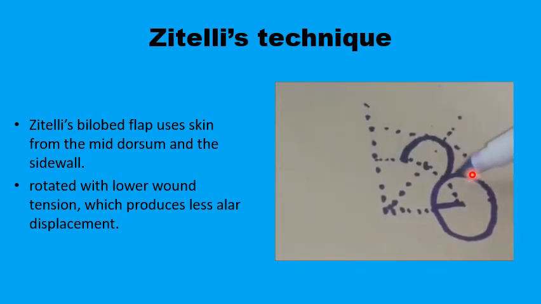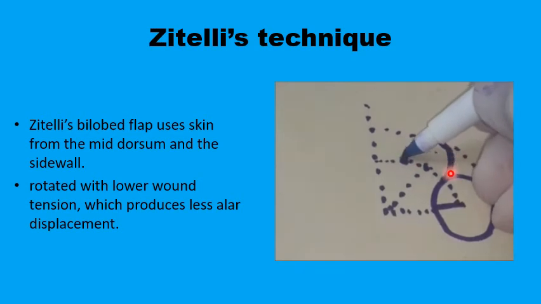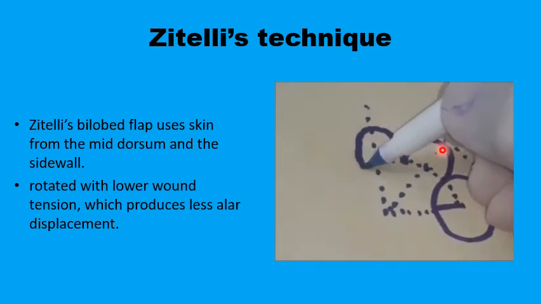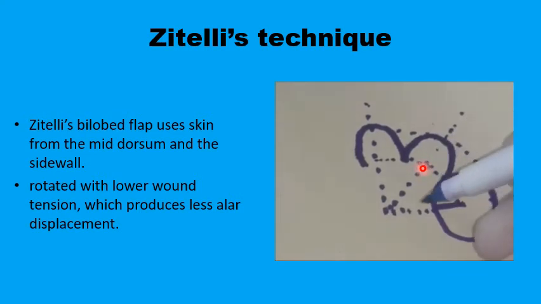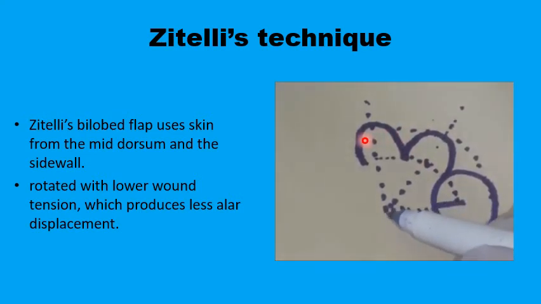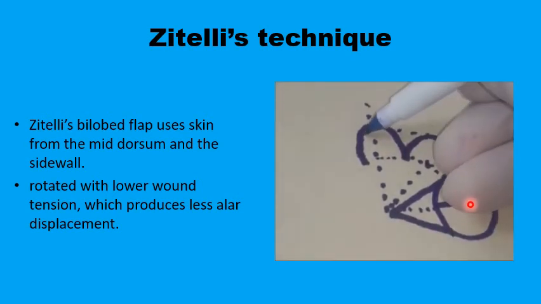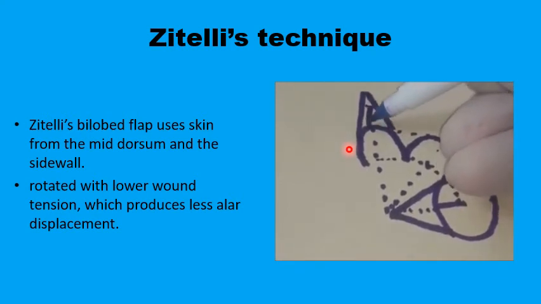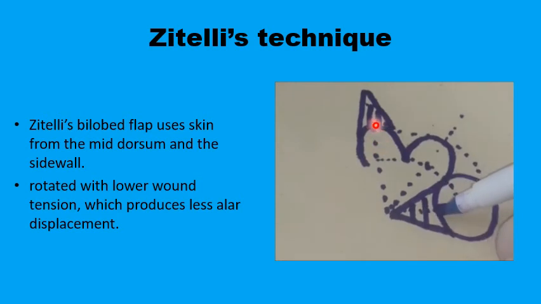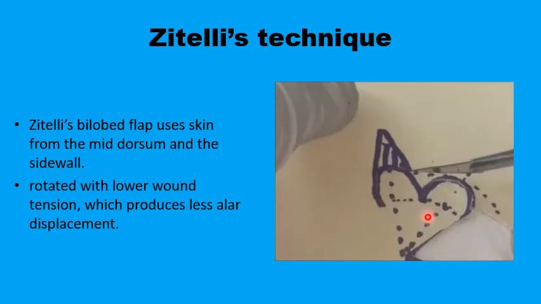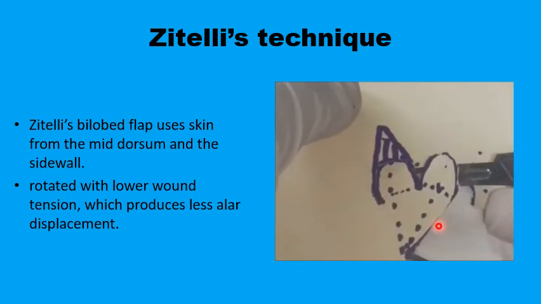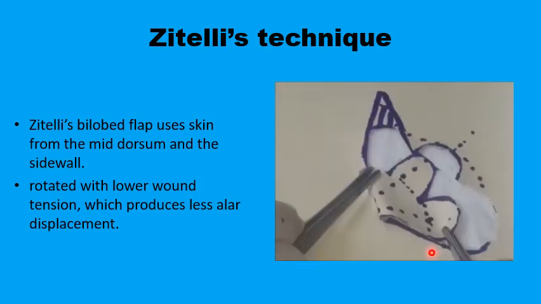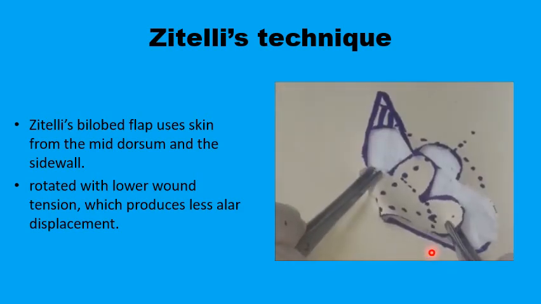And then you draw the primary flap around the first line and the secondary flap around the second line, and these two flaps should be almost equal in size to the primary defect. And then you elongate the secondary flap so as to close it primarily, and you also excise a small piece of skin at the base of the primary defect.